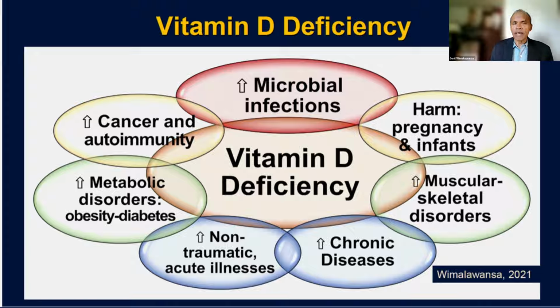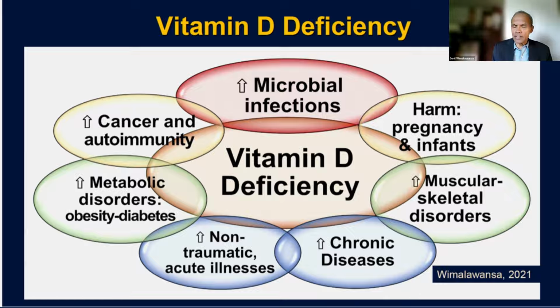So this slide basically summarizes what I said in my basic presentation regarding the fundamentals related to vitamin D. Deficiency causes microbial infection, predominantly viral. It clearly harms pregnancy, increasing complications, cesarean section, stillbirths, and affecting the growth and quality of brain development in infants. Musculoskeletal disorders, particularly rickets, osteomalacia, osteoporosis, and fractures.